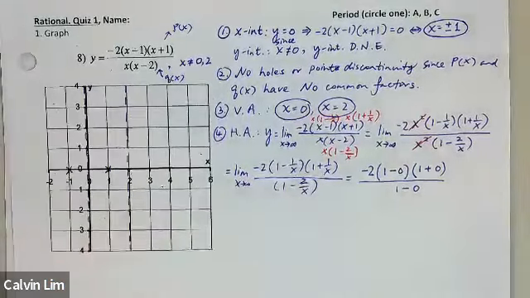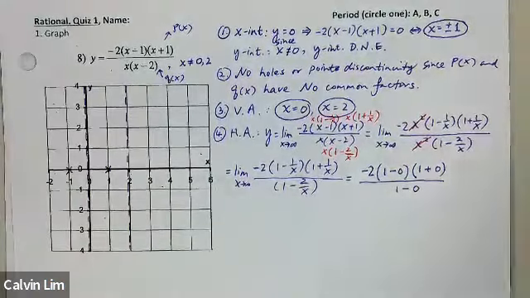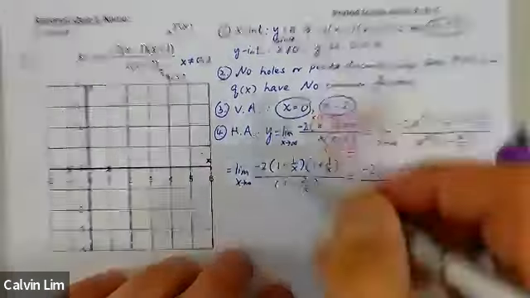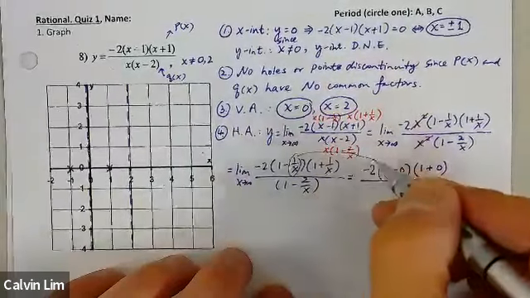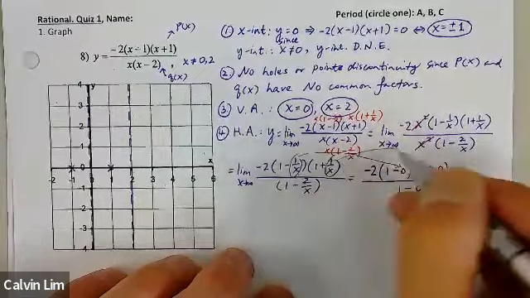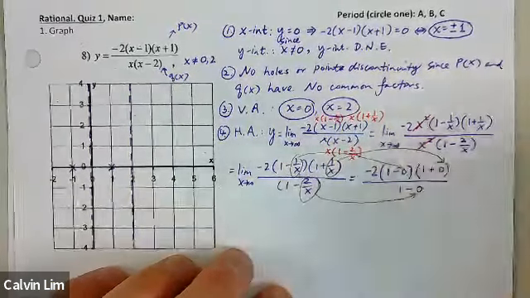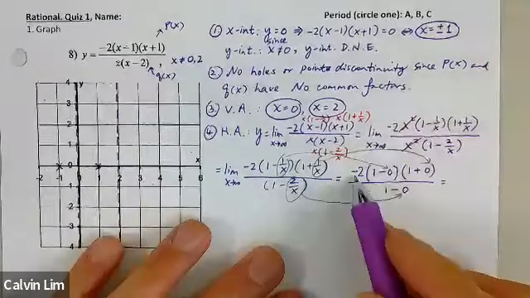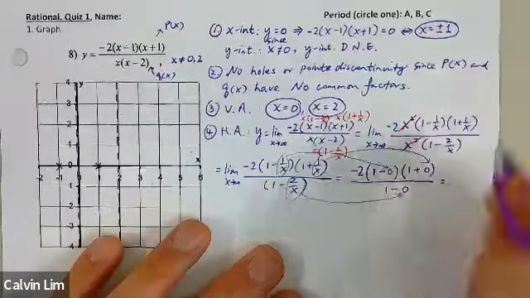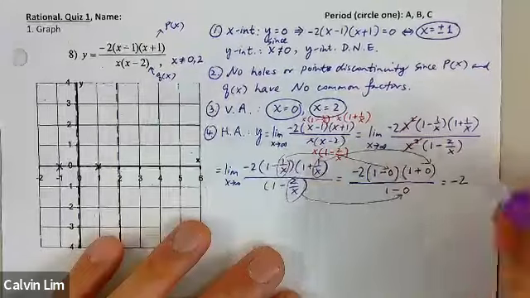So this essentially becomes 0, this essentially becomes 0, this essentially becomes 0. So what is this? -2 times 1 times 1 divided by 1 is -2, right?